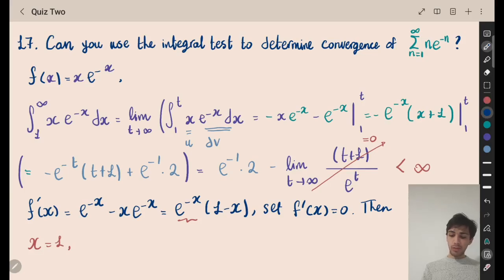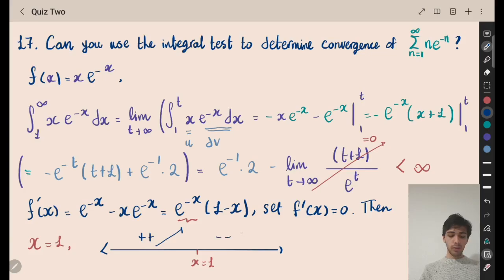Now, what remains is to see whether this is a maximum or a minimum. So let's take a look at the behavior of the derivative before x is equal to 1 and after x is equal to 1. We have this theorem which says that if the derivative is positive, then the function is increasing.